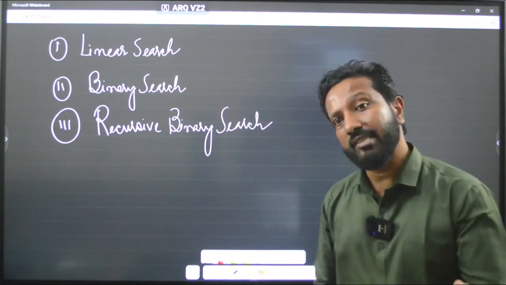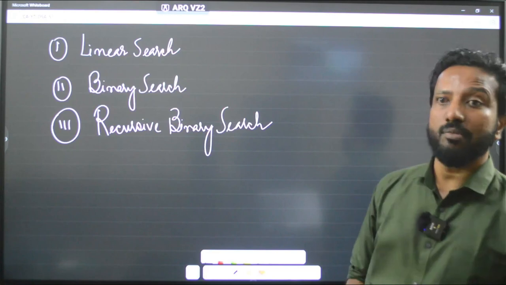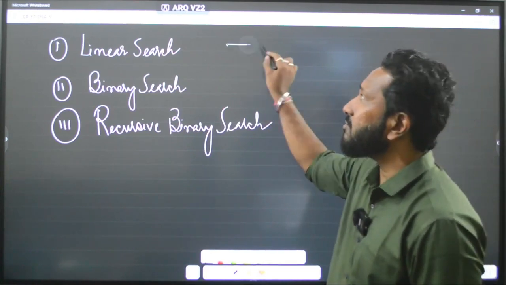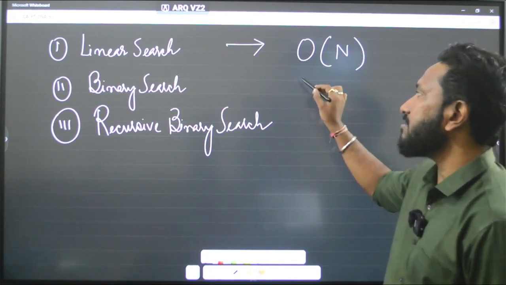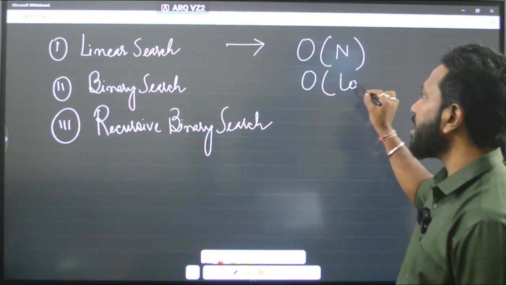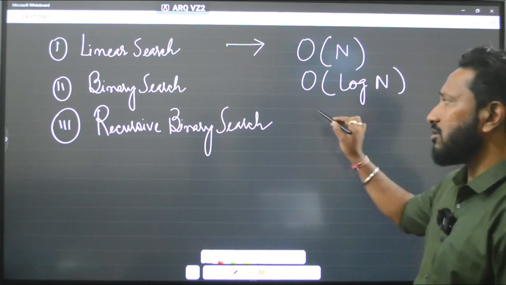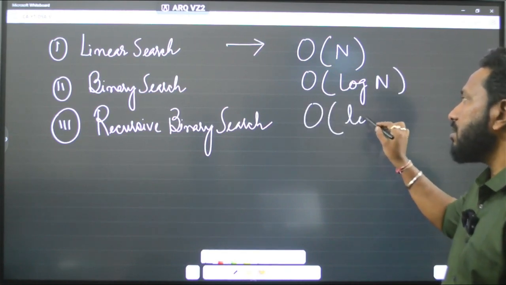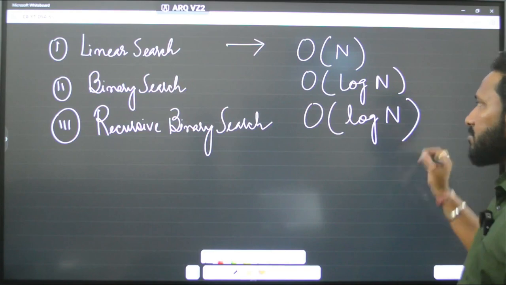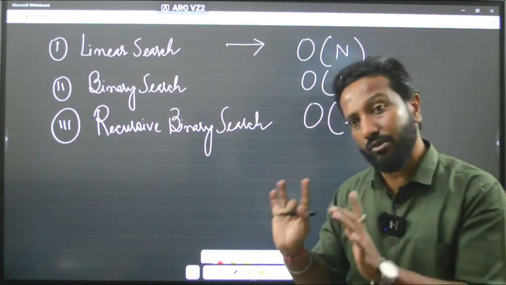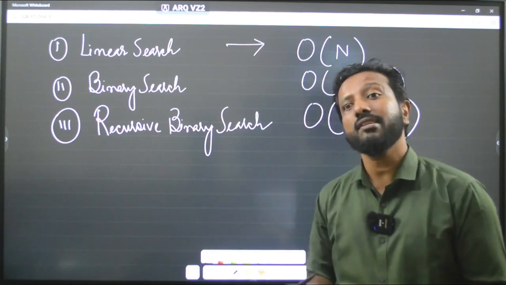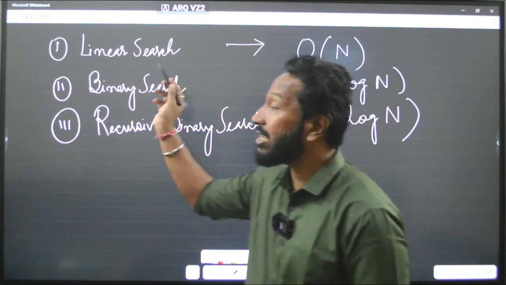And side by side, you should also know the time complexity. We will be discussing that, but just for you, I am writing it out. This is big O of n, this is big O of log n, this one also is big O of log n only. Now, do not focus on this, guys, we will understand this practically, do not worry. Let us start with the first one, that is linear search.